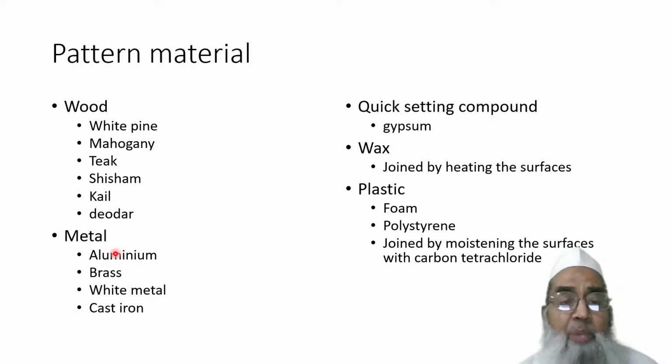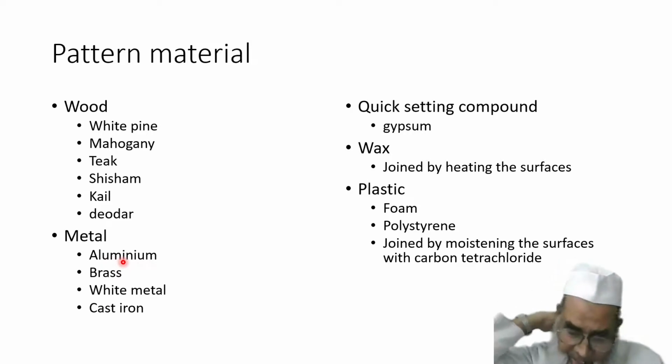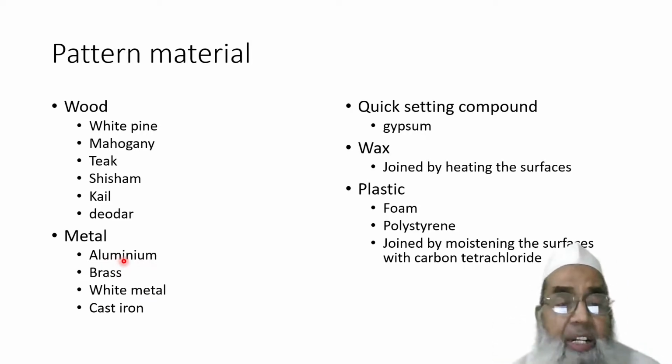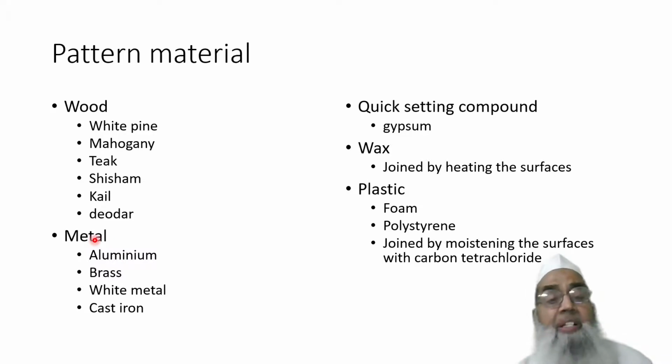That master pattern will have the allowance of the pouring metal of the product, as well as the allowances of the pattern material. The pattern metal may be aluminium, brass, or whatever. Therefore, we have to incorporate in the master pattern the allowances of the pattern metal also.